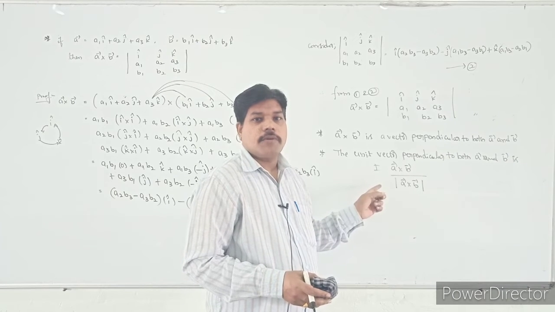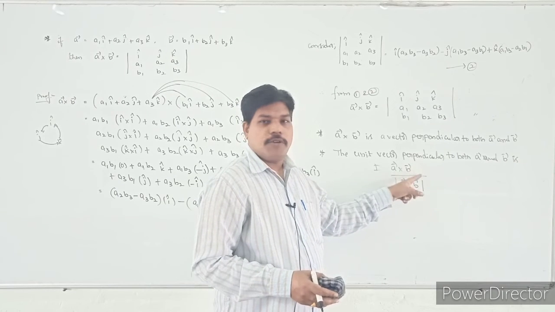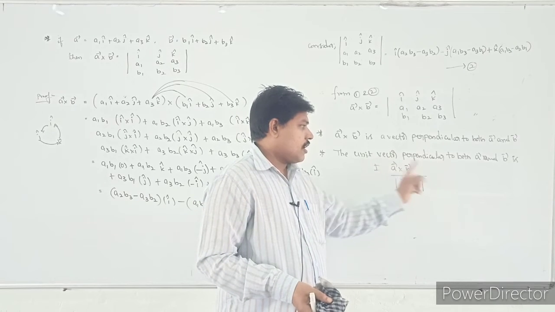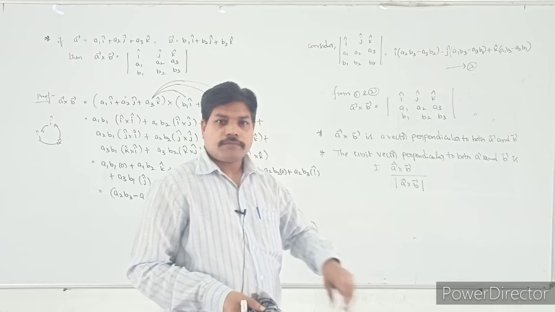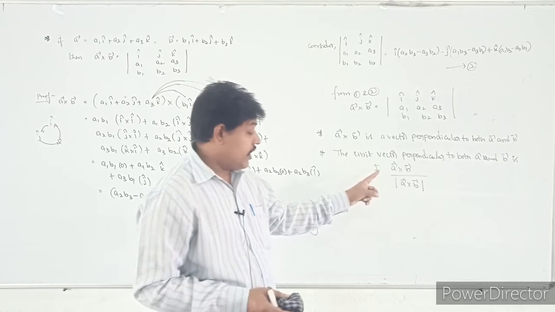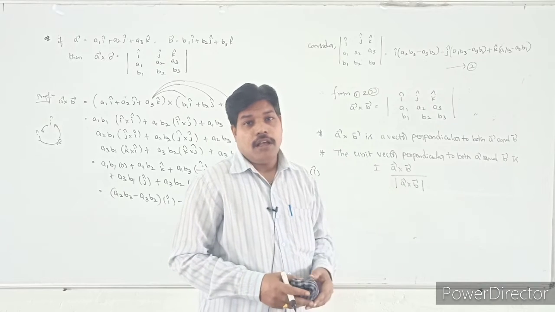Why? Because A bar cross B bar is a perpendicular vector, and A bar cross B bar by mod A bar cross B bar is a unit vector. So this vector is perpendicular to both A and B, and it is a unit vector. Very important condition we are going to use in the problems.